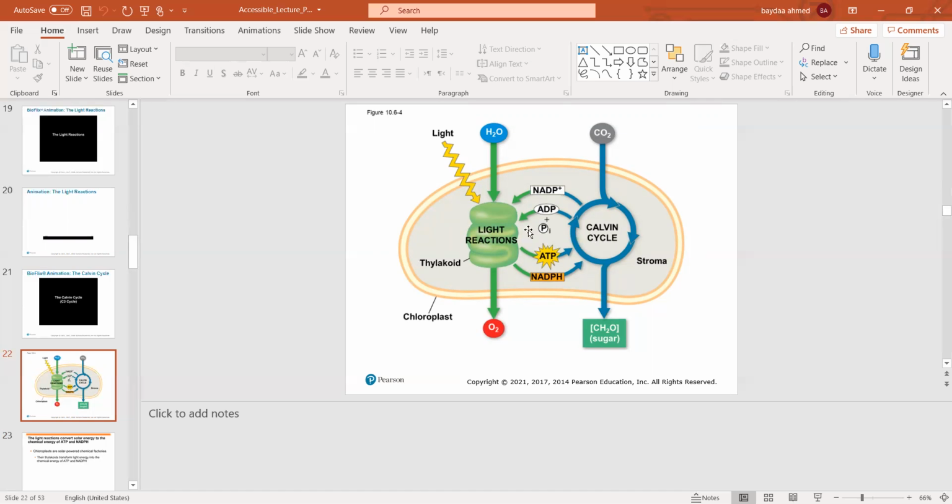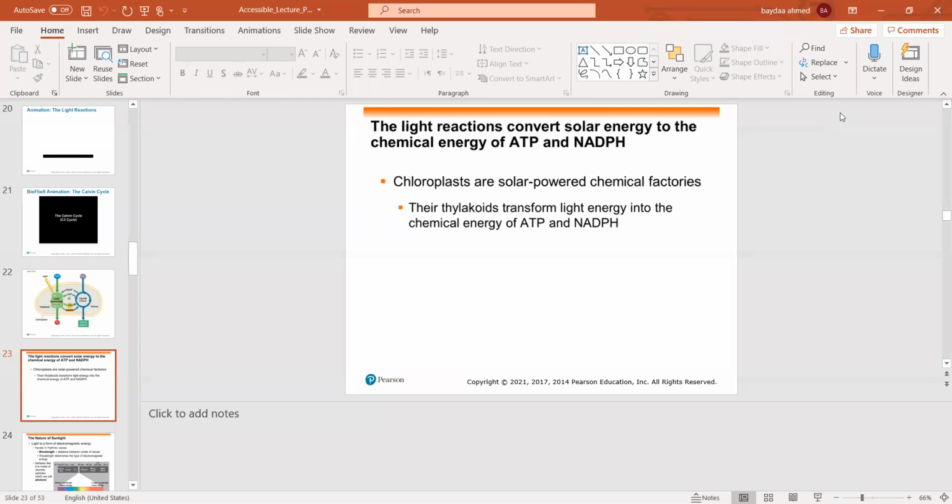On the outside of the thylakoid, during the light reactions, molecules of NADP+ and ADP pick up electrons and phosphate respectively, and NADPH and ATP are then released to the stroma, where they play crucial roles in the Calvin cycle. Chloroplasts are chemical factories powered by the sun. Their thylakoids transform light energy into the chemical energy of ATP and NADPH.